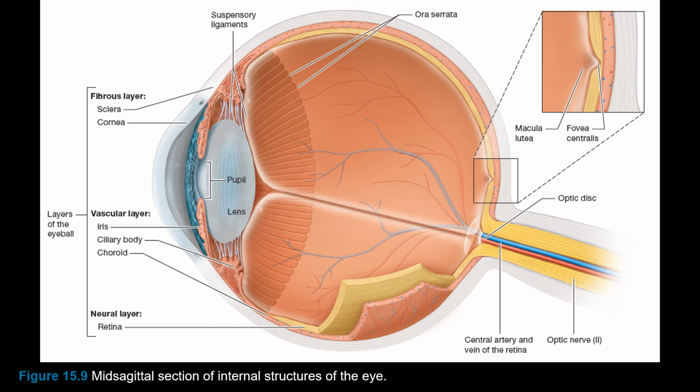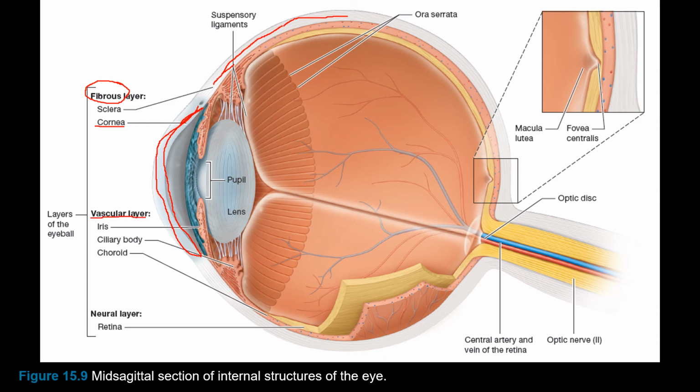So yeah, there's the fibrous layer right here, consisting of this white outer area, this sclera, right, and then this exterior-most area that protrudes and through which light actually travels. That is the cornea. So the sclera is the white of the eye, and the cornea is this outer covering just in front.